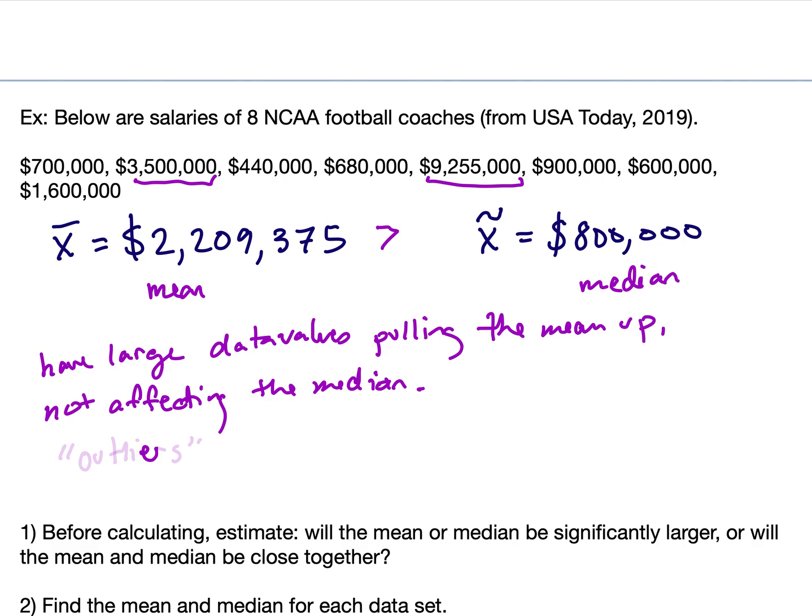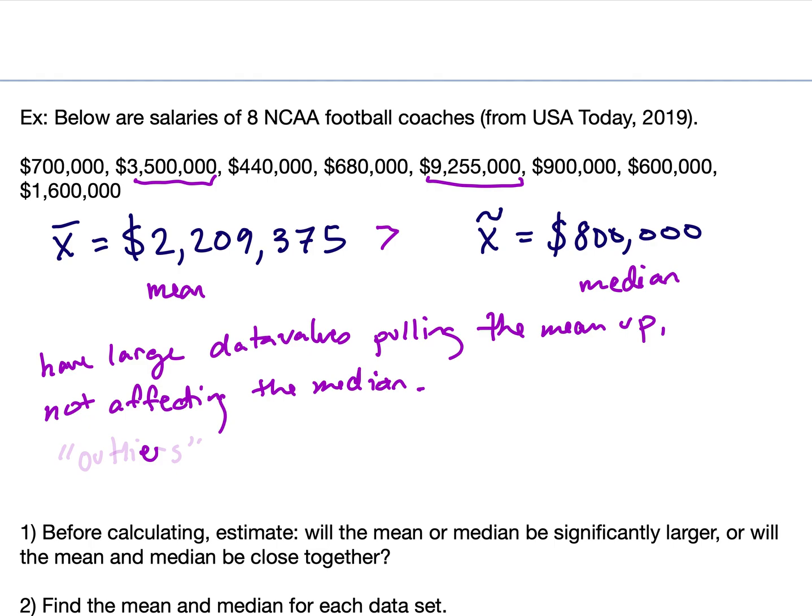It doesn't really matter how small the smallest ones are and how big the biggest ones are. All that matters is what the two middle values are. Whereas for the mean, all the values are taken into account, so if there are some values that are unusually large compared to the rest of the data, that's going to skew the mean up, versus if we have some data values that are unusually small, that would skew the mean down.